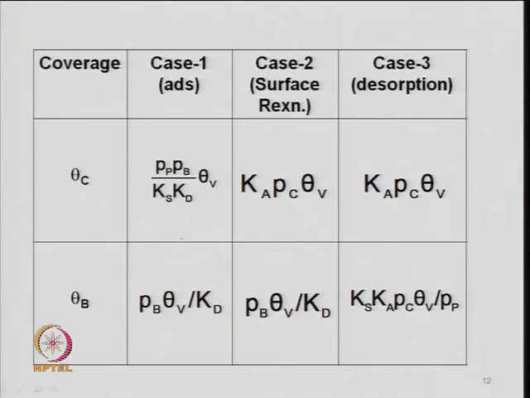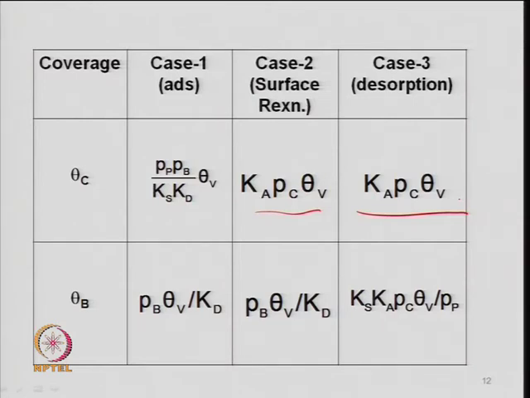Same thing for coverage theta_c, the fraction of the surface which is covered by cumene. One can calculate it, depending on the partial pressure of propylene, benzene and the concentration of vacant sites, divided by K_S K_D. For the surface reaction case it is this, and for the desorption case it is this. This is just the analysis of one typical set of data, which we have given for the cumene reaction.